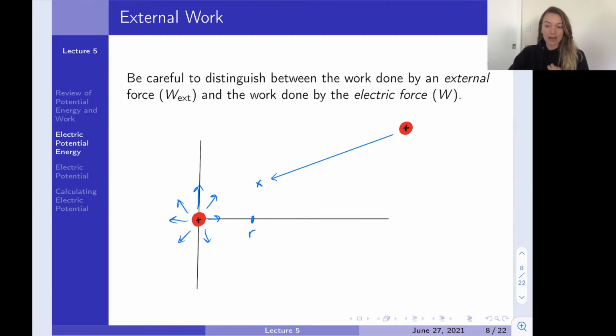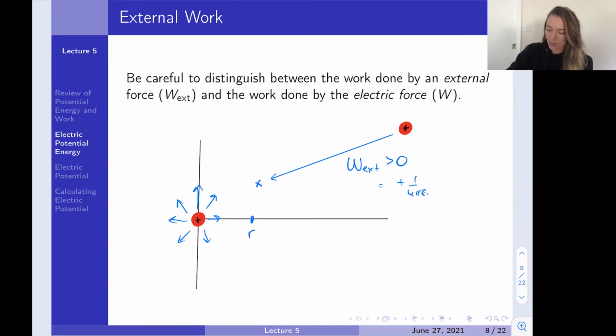I have to do positive work against that electric field in order to move this charge in closer. So the external work is positive and will be equal to the 1 over 4 pi epsilon naught Q1 Q2 over r. And then the electric field will be doing, so I'll just call that W E, the electric field will be doing negative work.